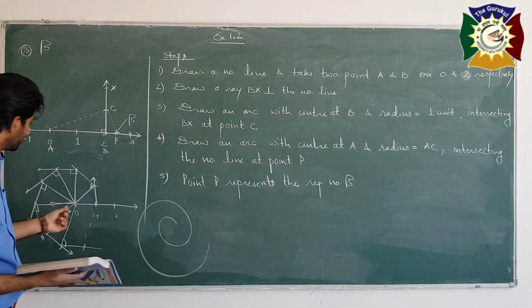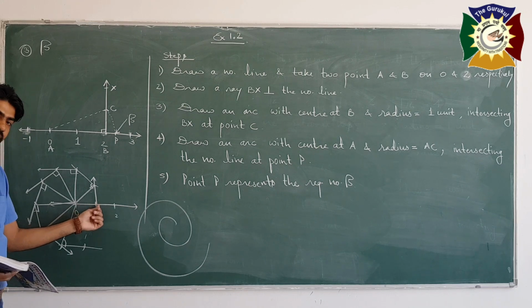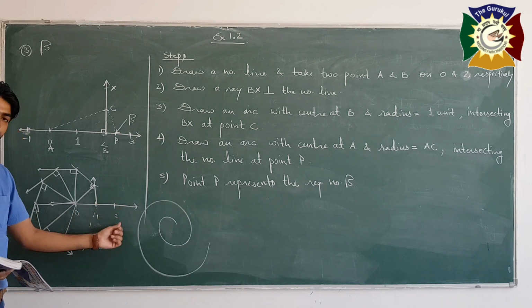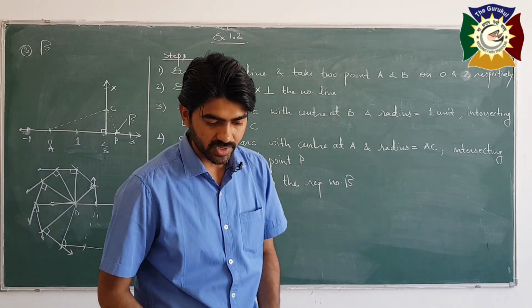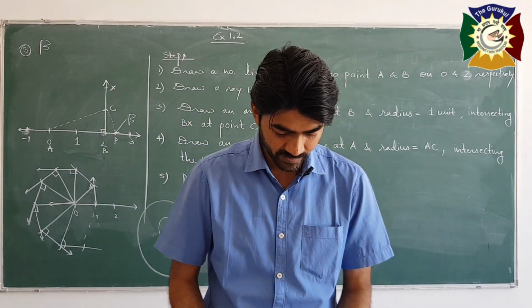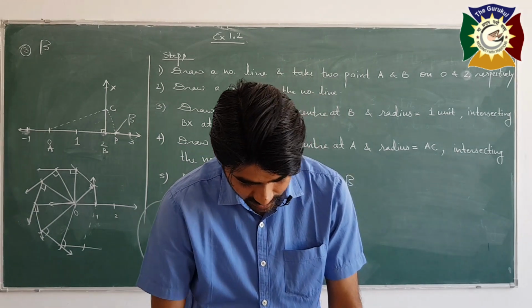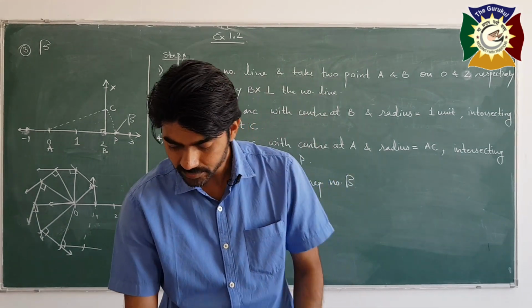It means 0 and then 5, at 5 centimeter we will write 1, at 10 centimeter we will write 2. This is called by taking 1 unit as 5 centimeter. So that's all in this exercise 1.2.